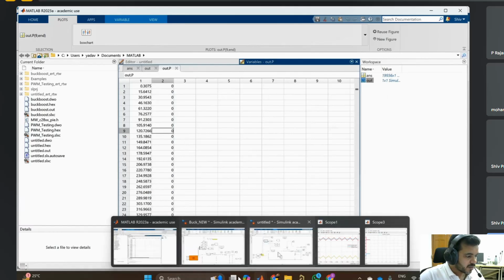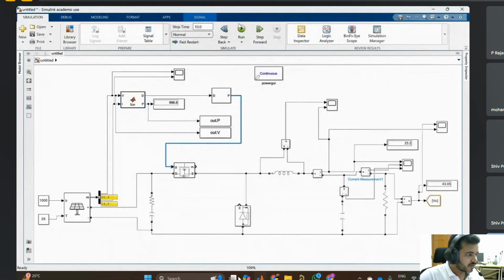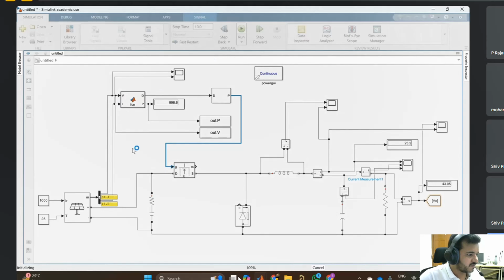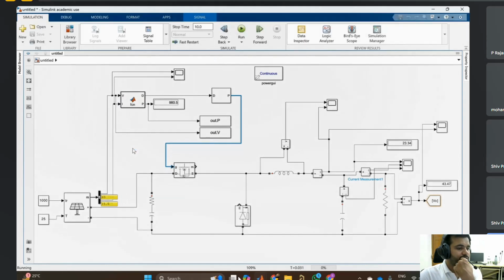If you change in the middle of this, suppose we start at maximum power, then I want to change the irradiation. Take how it will track.